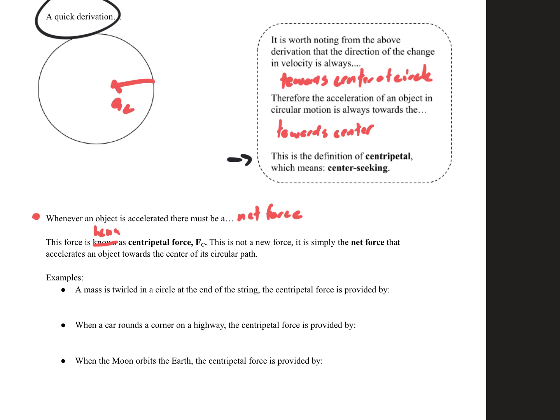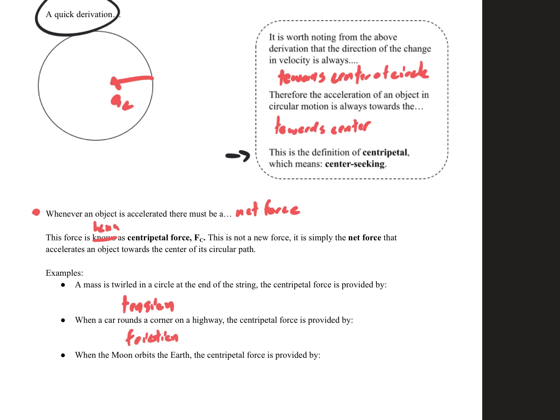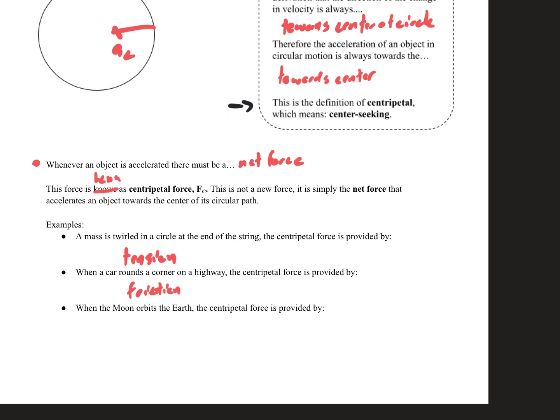For example, if you're twirling something over your head on a string, that is tension in the string holding the thing together. When a car rounds a corner on a highway, there is friction between the tires and the road that's keeping it on the highway. When the moon orbits the Earth, or the Earth orbits the sun, it's gravity pulling the Earth towards the sun that's keeping the planets or the moon moving in that constant circular motion.